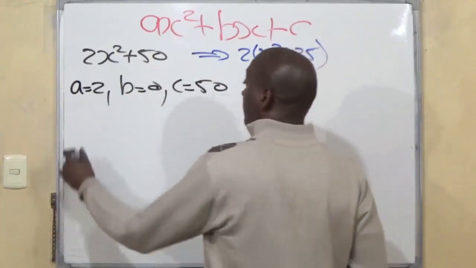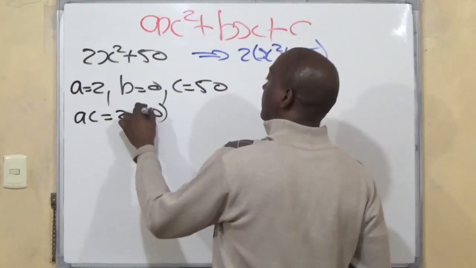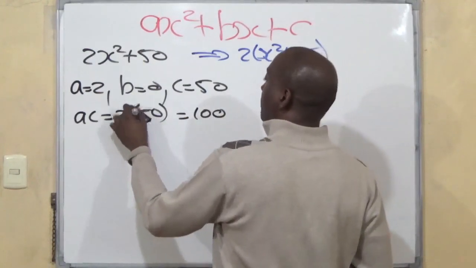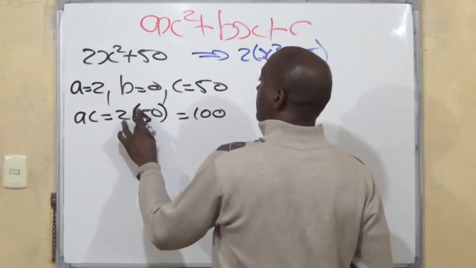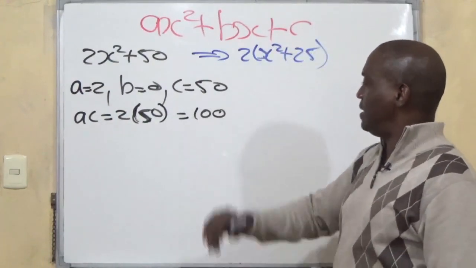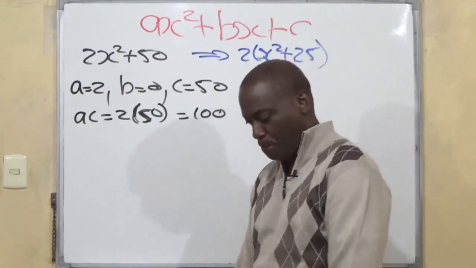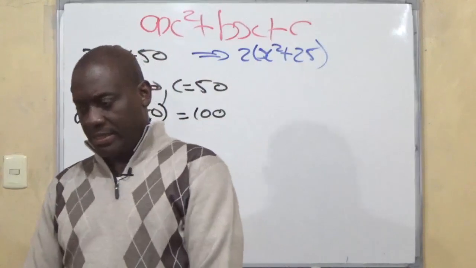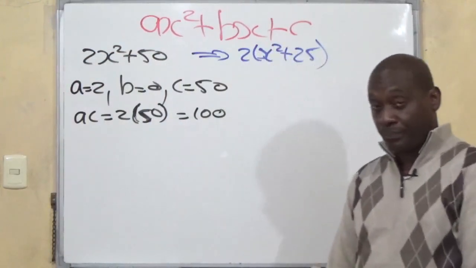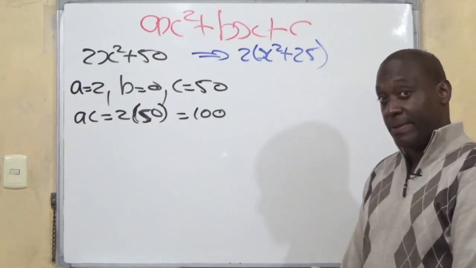No problem. So AC is equal to 2 by 50, which is equal to 100. Look trouble. Because we want 2 factors of 100 that will add to give us 0. What's the problem there?